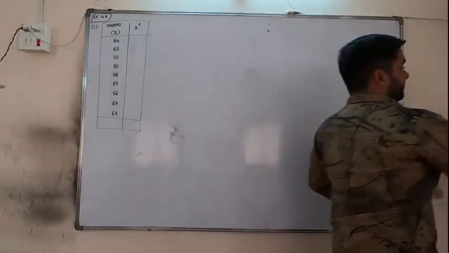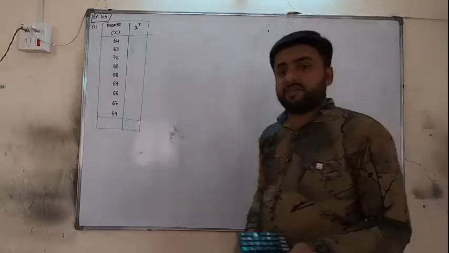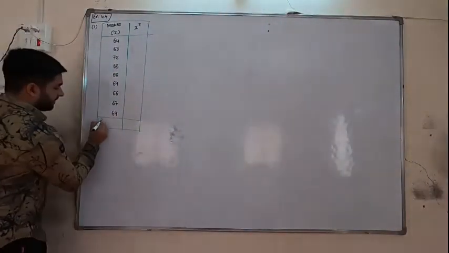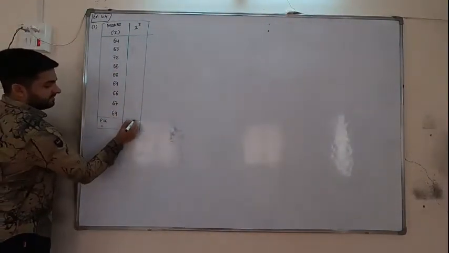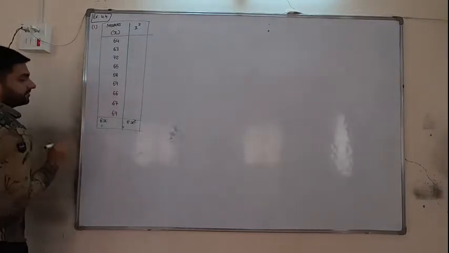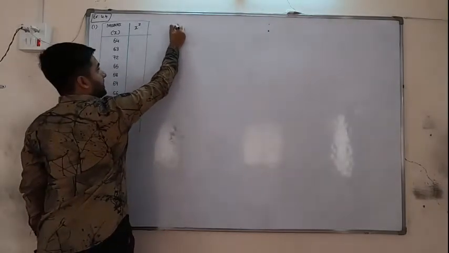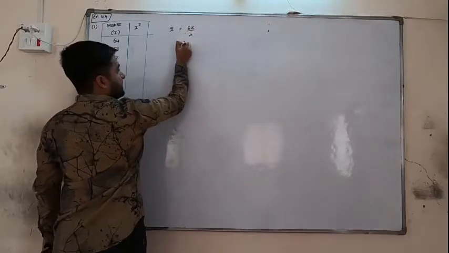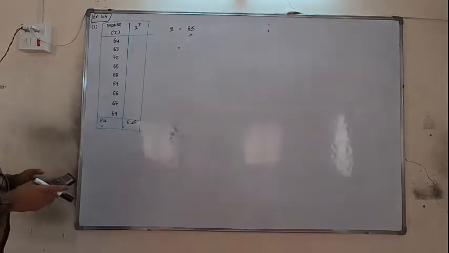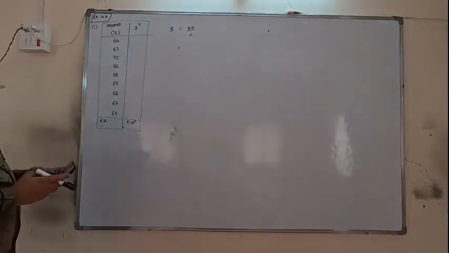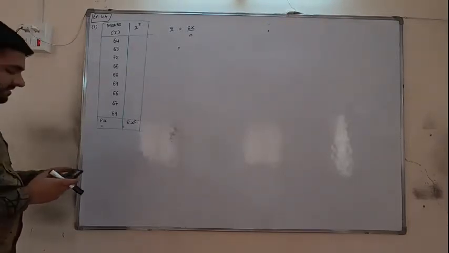First we will find the mean. For each type of data, first required is mean only. Sigma x. Okay. Then x bar is equals to sigma x by n: 64, 63, 72, 65, 68, 69, 66, 67 and 69.